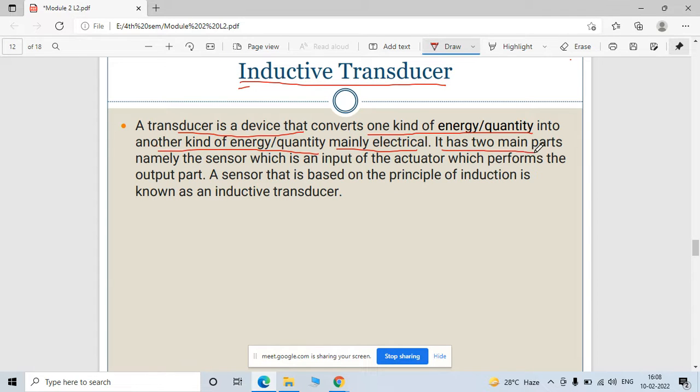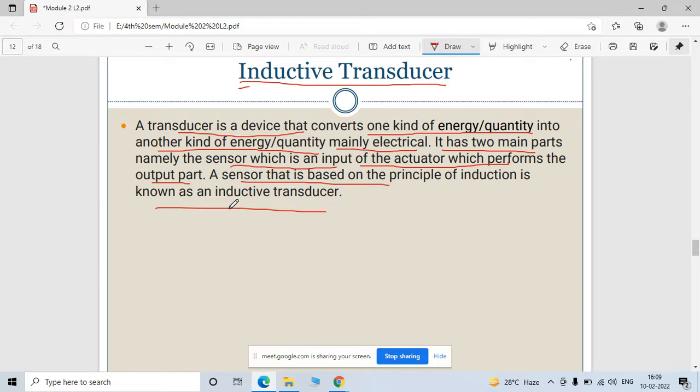It has two main parts, namely the sensor, which senses the input, and the actuator, which performs the output part. A sensor based on the principle of induction is known as an inductive transducer. So this is the basic information.